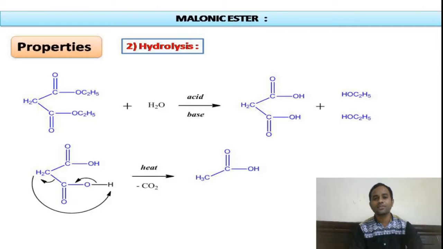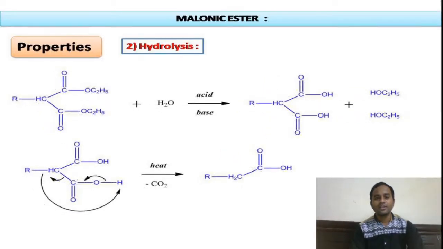This is the characteristic property of dicarboxylic acids. These dicarboxylic acids always lose carbon dioxide upon heating to form monocarboxylic acid. And similarly, not only malonic esters, monoalkyl malonic esters will also, upon subjecting to acid, undergo hydrolysis to give carboxylic acid as the main product, which we can clearly see from the slide.